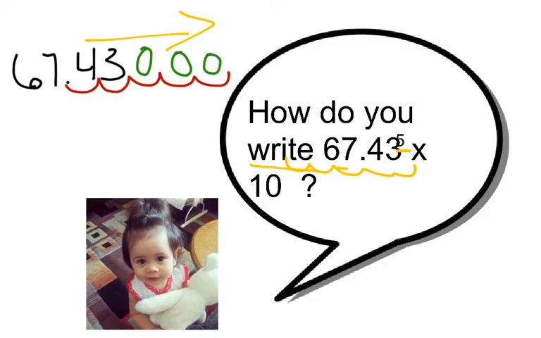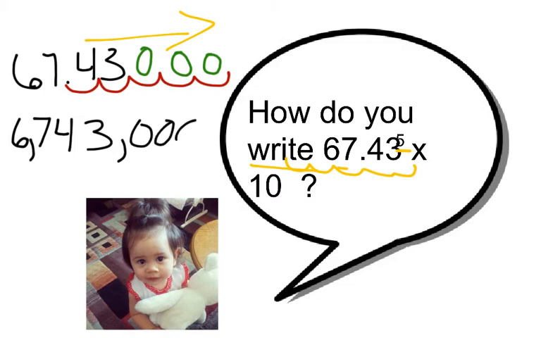So 67 43/100 multiplied by 10 to the 5th power is 6,743,000. So you can see how that was so much easier than changing my exponents to standard form and then multiplying everything out. We're using place value to create a shortcut.